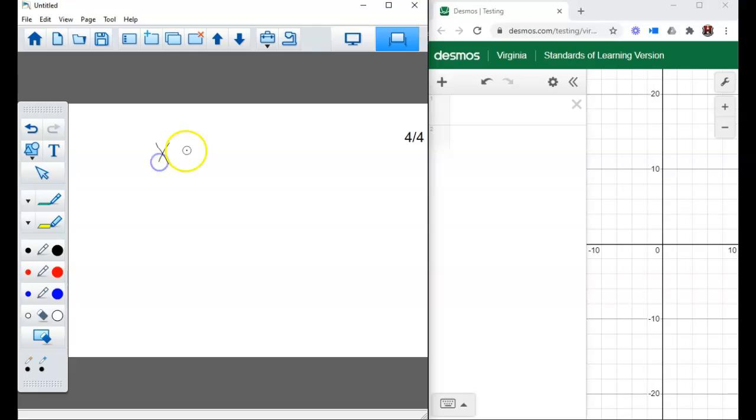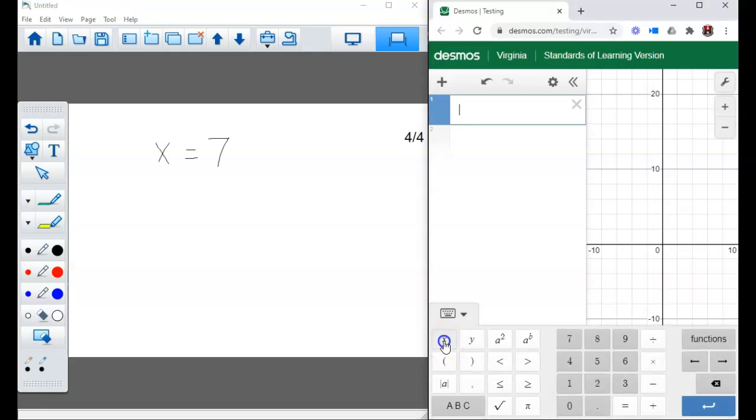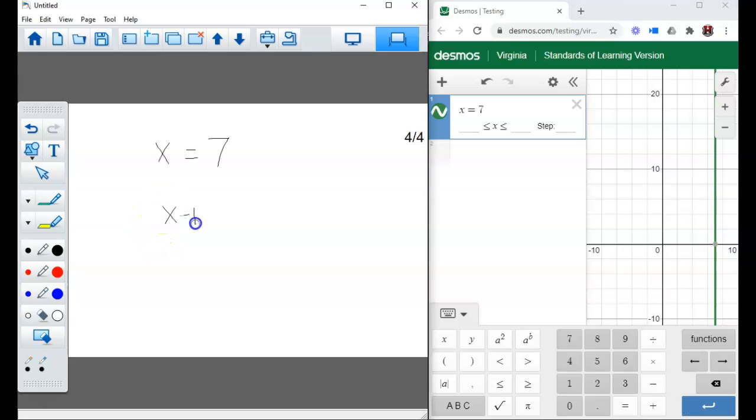We saw some things yesterday like this. x equals 7. So no y in it. Hit your keyboard, type in x equals 7, just like that. And notice what you get over here is this vertical line, which would have an undefined slope, remember. So now let's use the calculator to get our intercepts.